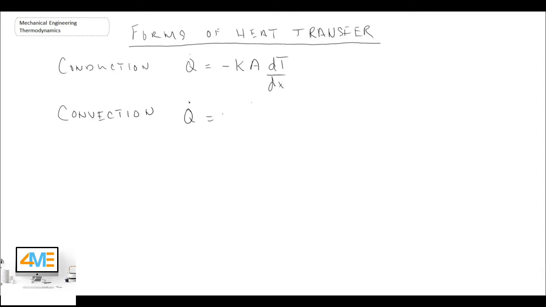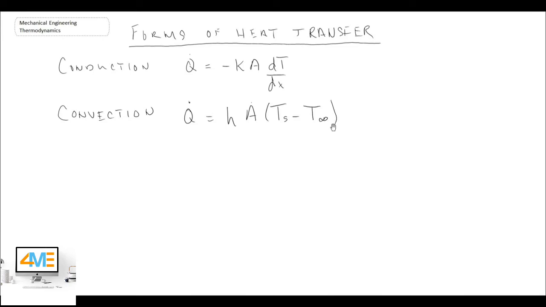The way that we express this is with the equation hA(Ts − T∞), where Ts is the surface temperature of the object where heat is either going into or being removed from, and T∞ is the free stream temperature of the fluid flowing past the object. Here h is the convective heat transfer coefficient for the particular case you'd be looking at. It depends upon the Reynolds number of the flow, or the Grashof number if it's natural convection. So that is the equation for convection.